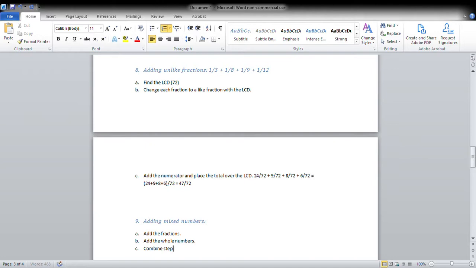Combine steps 1 and 2. So what do we mean? So 4 and 7/20 plus 6 and 3/5 plus 7 1/4.